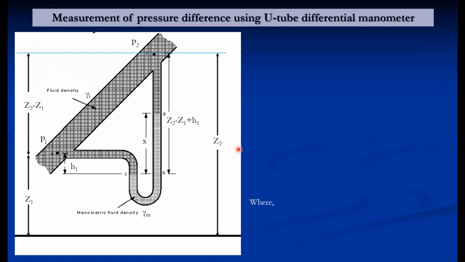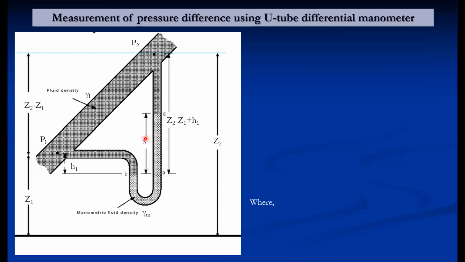Point 2 is at a distance Z2 from the datum surface. So this distance is Z2 minus Z1. The specific weight of the flowing fluid is gamma L, and the specific weight of the manometric liquid is gamma M. This is called X, that is the deflection of the manometric fluid.